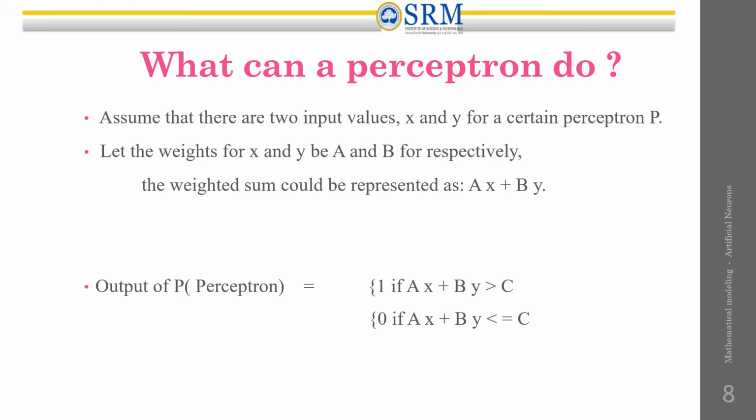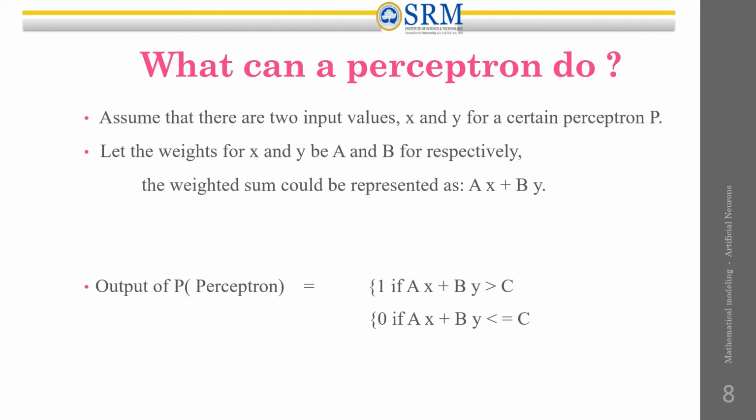So let's see what a perceptron can do. A perceptron computes the weighted sum of the input values. Assume that there are two input values, small x and small y, for a certain perceptron capital P. Let the weights of x and y be capital A and capital B. The weighted sum could be represented as ax plus by.